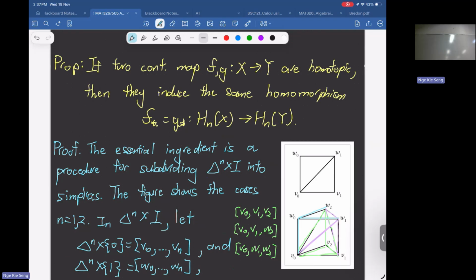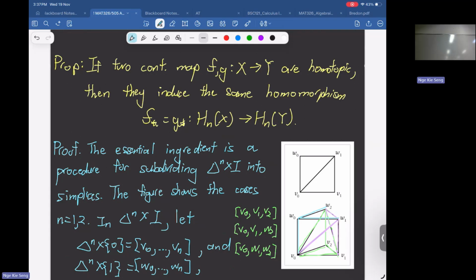That means you will have a map from the 2 simplexes here to Y. Make sense or not? If you take a 2 simplex cross with I, this is not an n simplex yet, but you can slice it into different simplexes, and this is another map into Y.